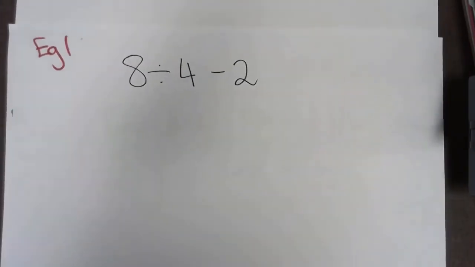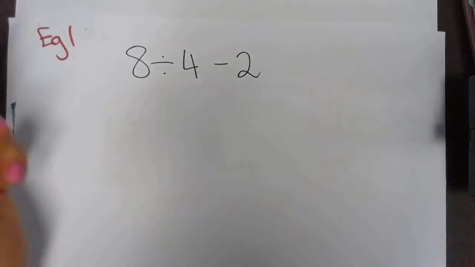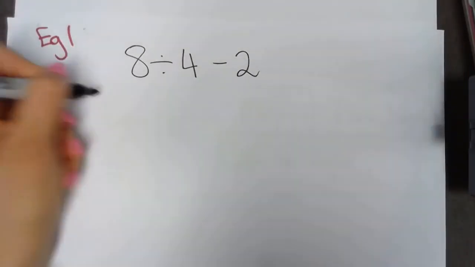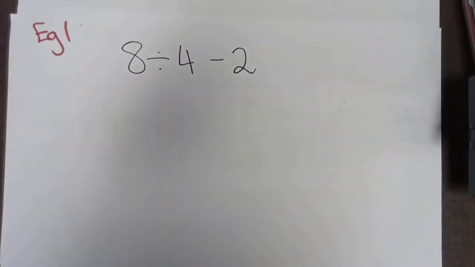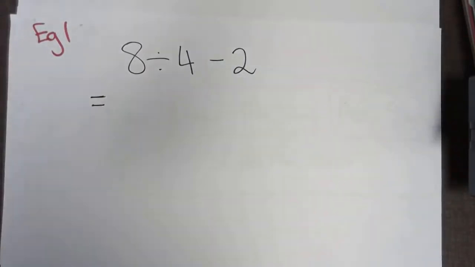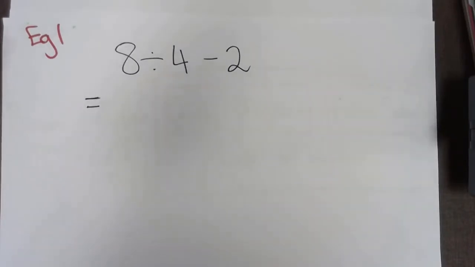So the first example, something simple, 8 divided by 4, take 2. Because with BIDMAS we've got division coming first, we have to do that first. Now when we are working through these expressions, we always line our equal signs up on the left, and we line them up going downwards, okay? Really important for communication.